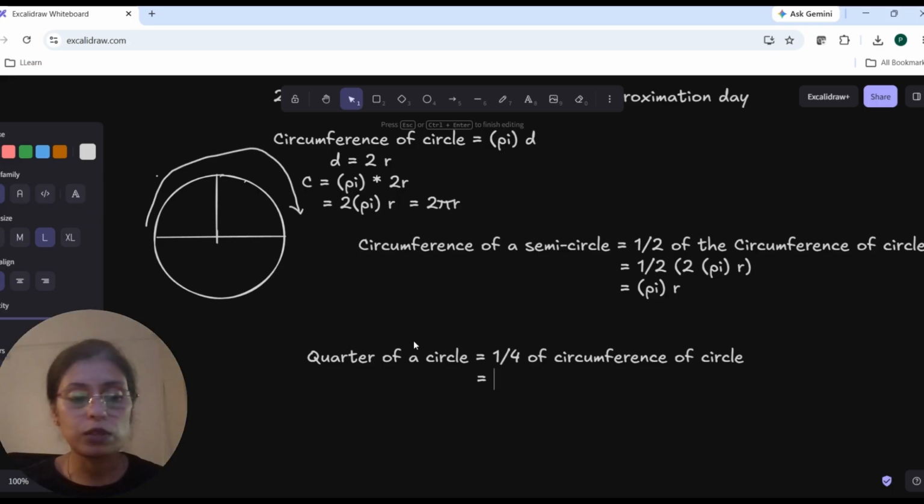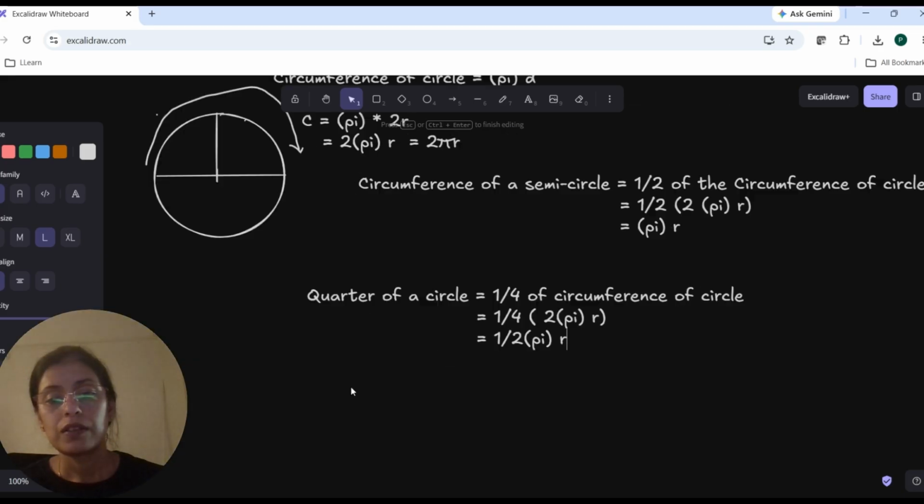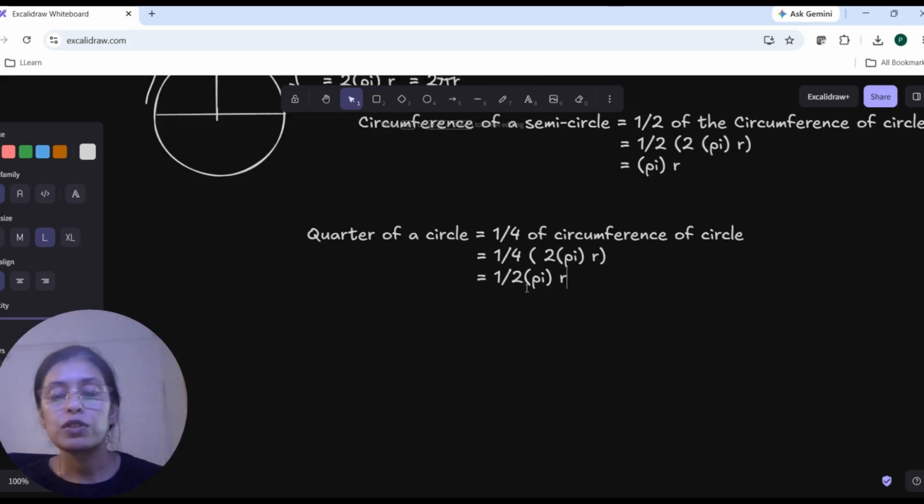This means it will be 1/4 into 2 pi r, which means it is 2 divided by 4, which will be 1 by 2 of pi r, right? So this is pi r by 2.